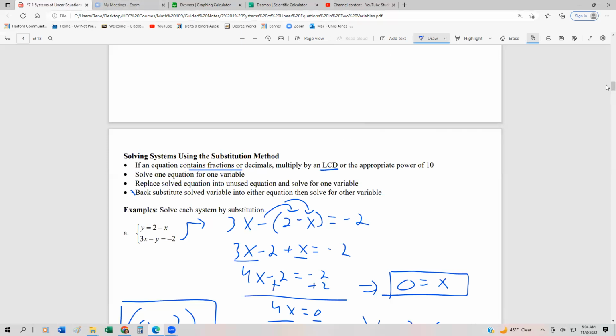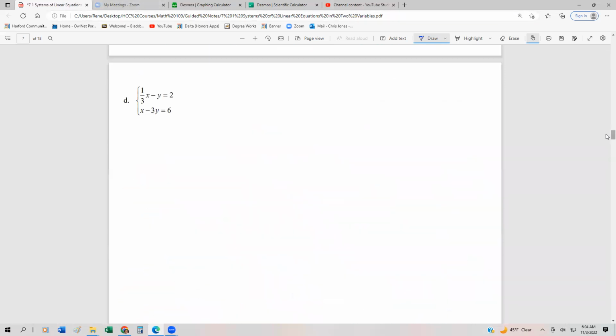So I'm going to multiply this first equation all the way through by 3. And if I do so, I get 3 times a third is going to be just an x. 3 times negative y is negative 3y. And then 3 times 2 is going to be 6. The other equation I'm going to bring over, and we get x minus 3y equals 6.